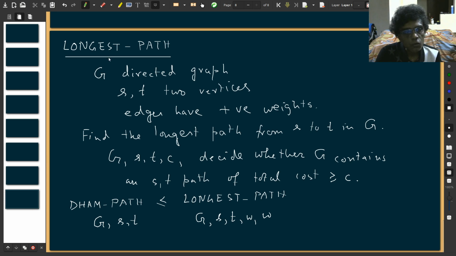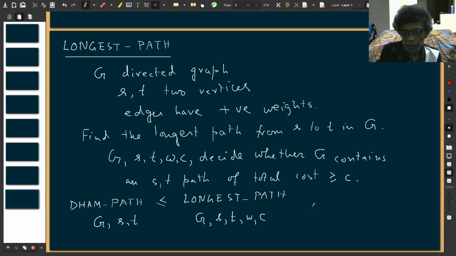So this should also have some weight function, and a target cost. So I keep G, S and T the same. I am not writing G prime, S prime, T prime. This is exactly the same graph.